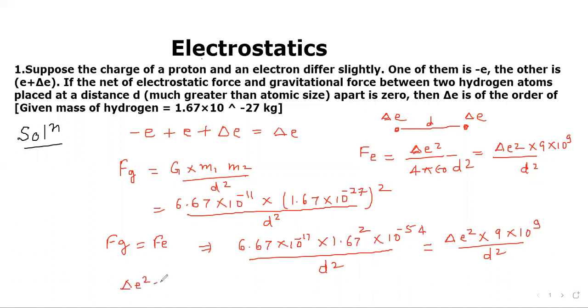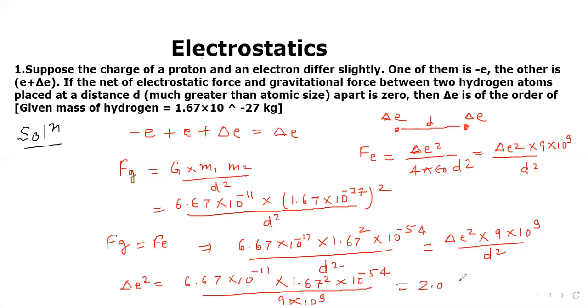So delta e square equals 6.67 into 10 to the power minus 11 into 1.67 square multiplied by 10 power minus 54, divided by 9 into 10 to the power 9, which will come out to be 2.067 into 10 to the power minus 74.